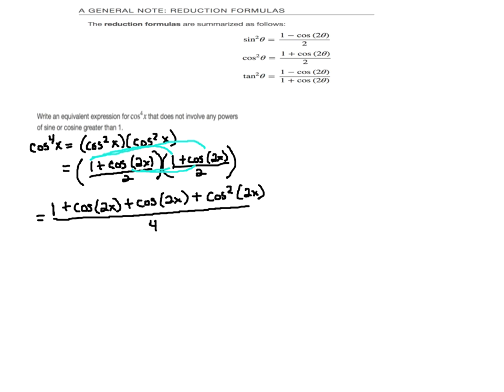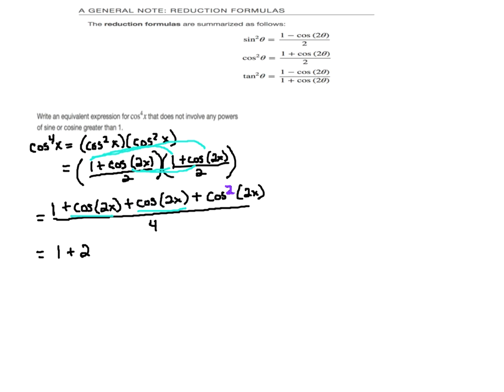Now I have like terms here that I can bring together. You're not done yet because of this 2 sitting right there. Remember, we don't want any powers greater than 1, so we've still got more work to do with this one.